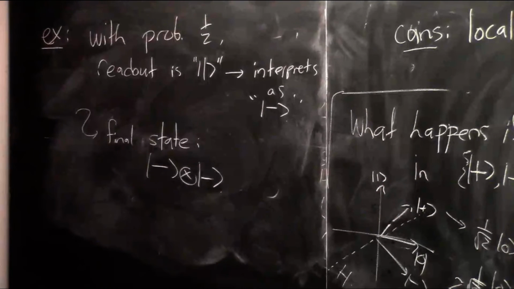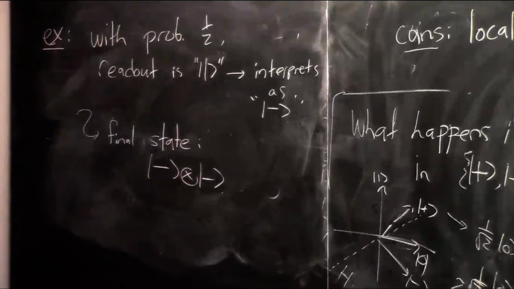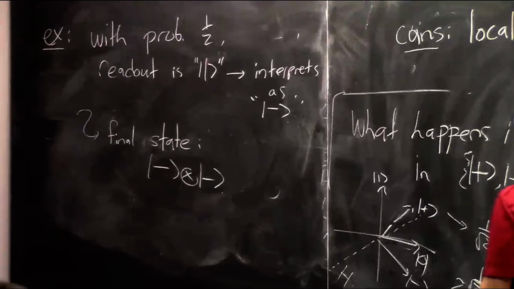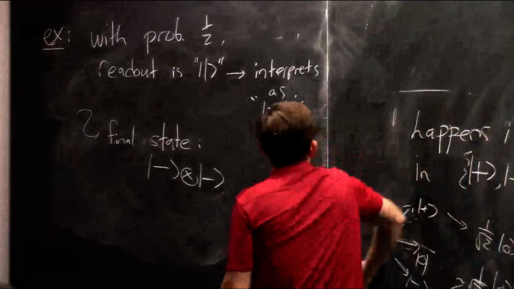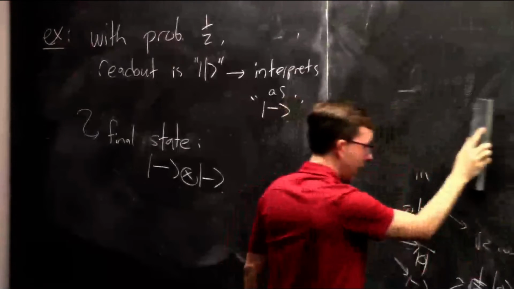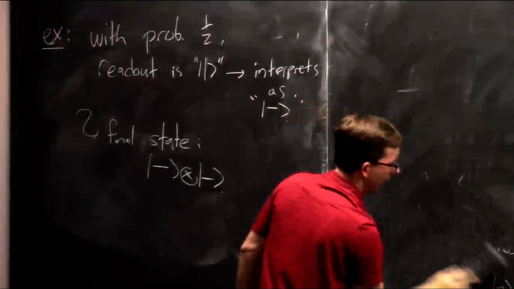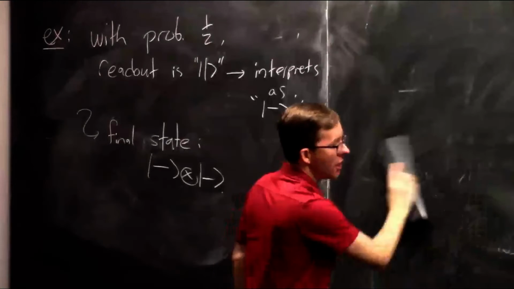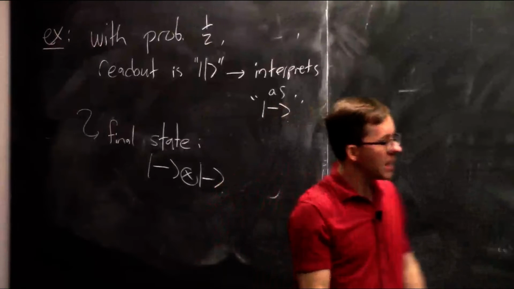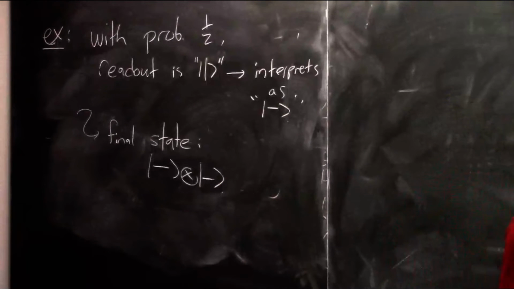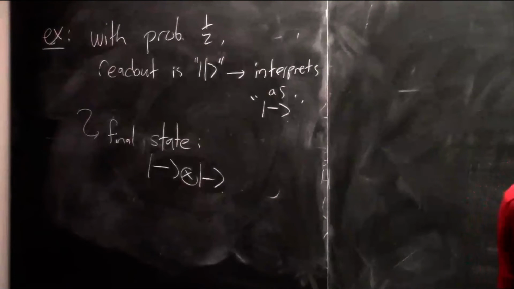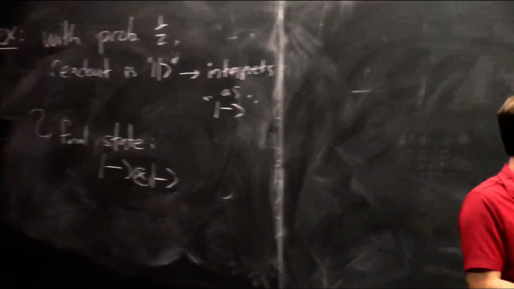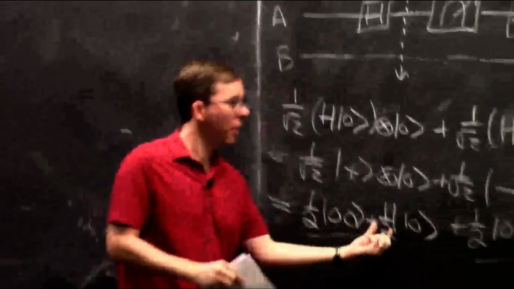And let's do the analysis the other way. The other way, if you want to understand what happens when you measure a joint qubit state in a non-standard basis, what you need to do is take this state and re-express it as a linear combination in such a way that the first component is plus or minus.